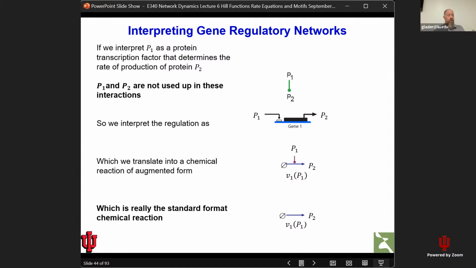We interpret this as protein 1 binds to a promoter site, turns on the gene that produces the messenger RNA for P2, and that produces P2. Again, we're going to interpret this complicated set of steps in terms of RNA synthesis and protein synthesis, simply as there is some production of protein P2, and the rate of that production is controlled by P1.